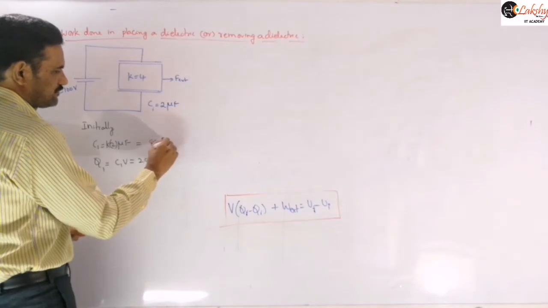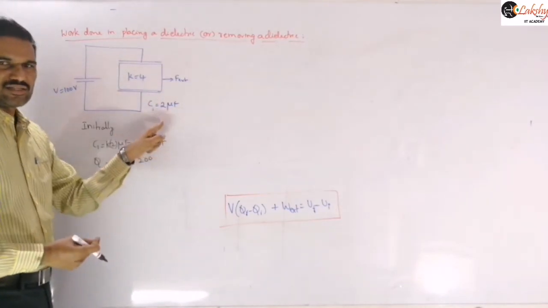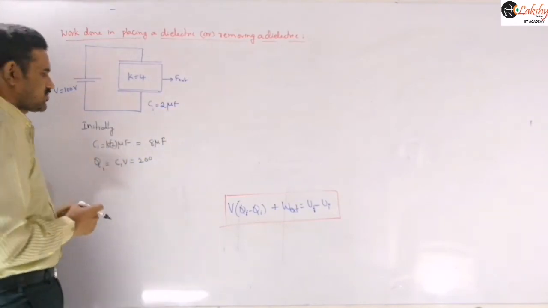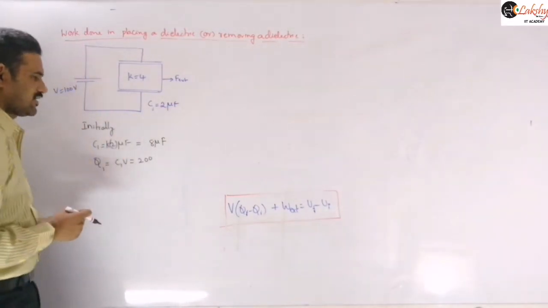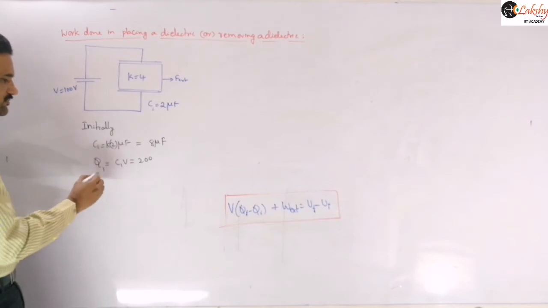Is it clear? This 2 microfarad is without dielectric. Now initially the dielectric is there, so we take 4 times that value, K into that value, KC.